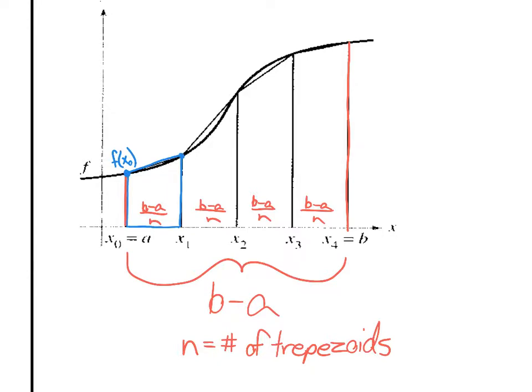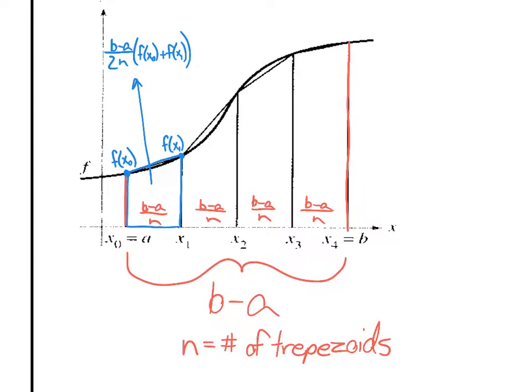And my base 2 is going to be the length where f of x sub 1, okay? So the area of that trapezoid is going to be 1/2 times (b minus a) over n times f of x sub 0 plus f of x sub 1. Okay?